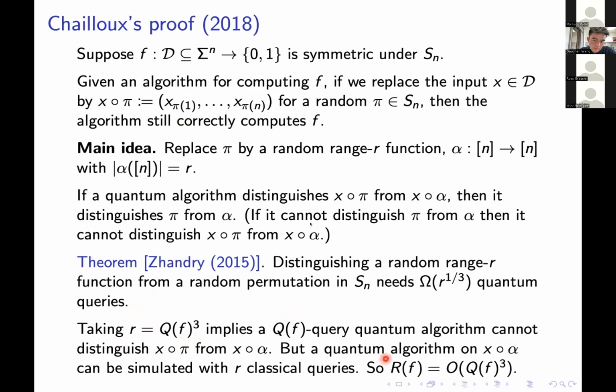And now for the punchline, which is that a quantum algorithm that computes using x composed with alpha can be simulated with only R classical queries. Why is this?